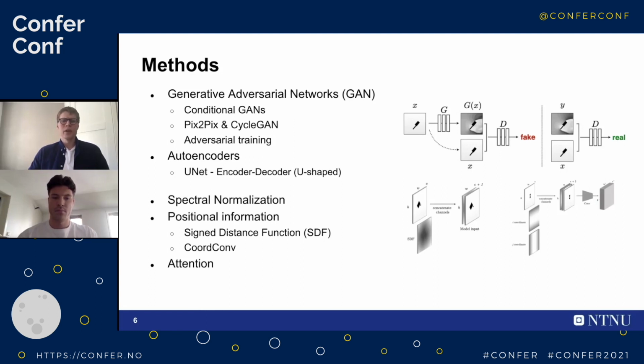And vanilla GANs generate their predictions from random noise. And that is why we use conditional GANs, so that our model can condition on the buildings we input.